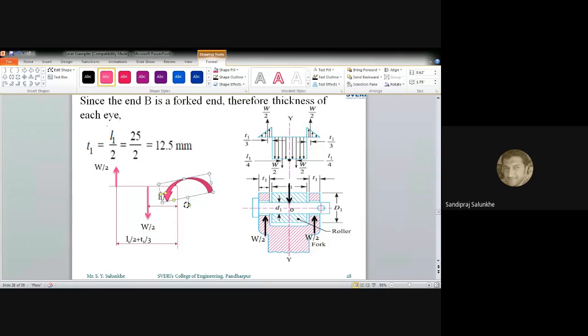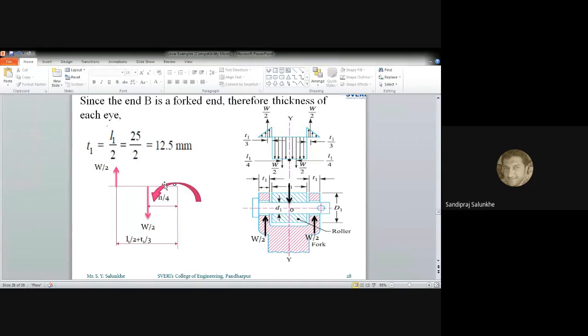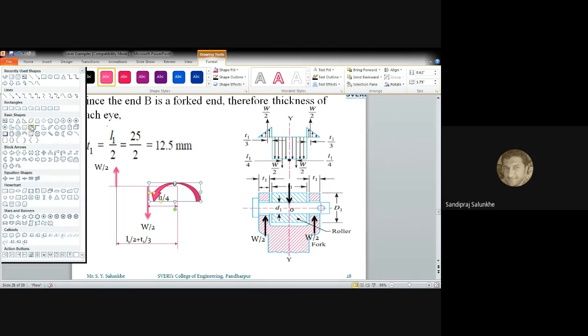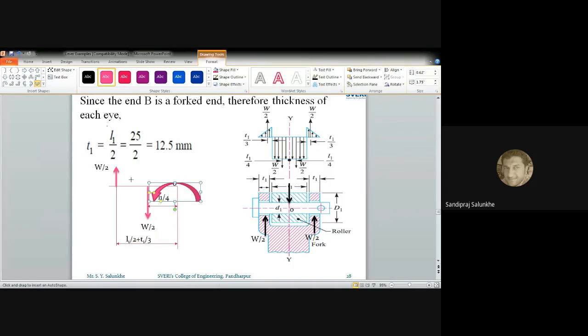So this bending moment will be in anti-clockwise direction. Am I right? The arrow is showing that. And the bending moment which is created by W by 2 at L1 by 2 plus T1 by 3 distance, that is going to create a moment with upward direction. Am I right? And that you are going to call clockwise direction.